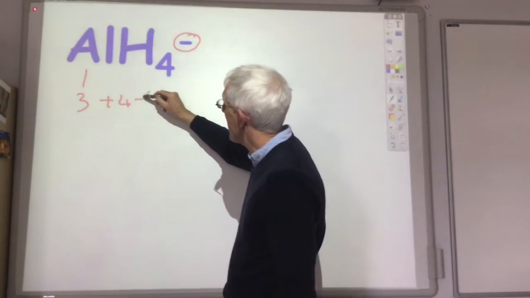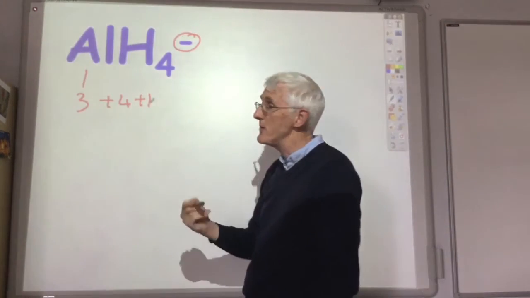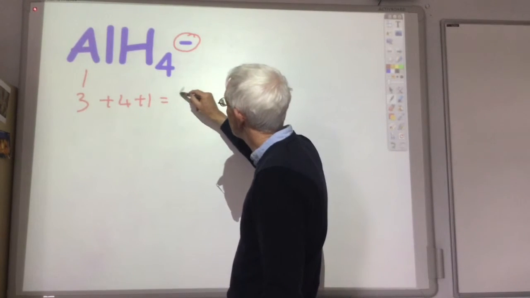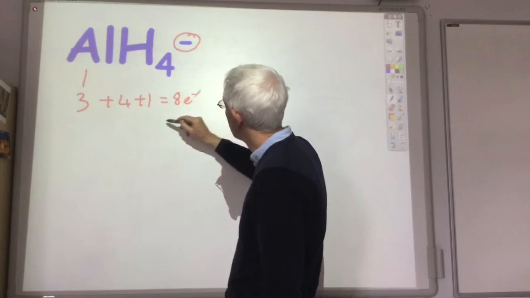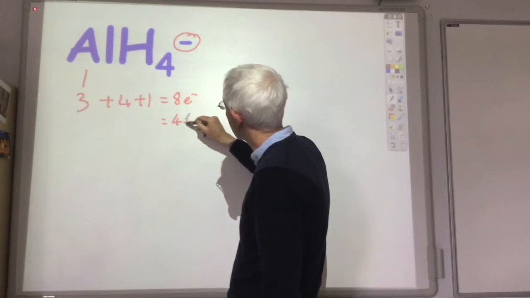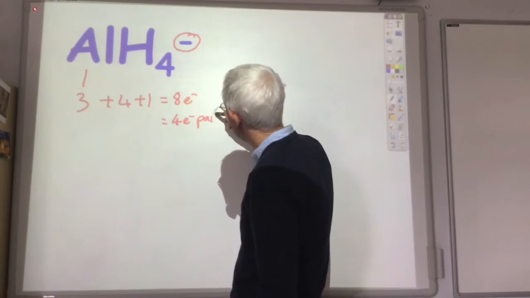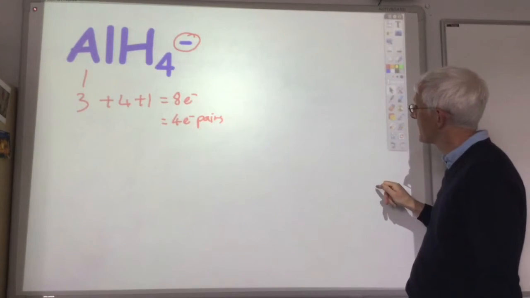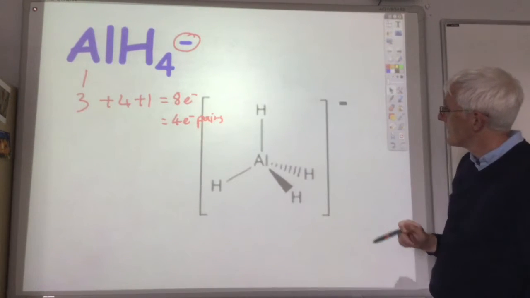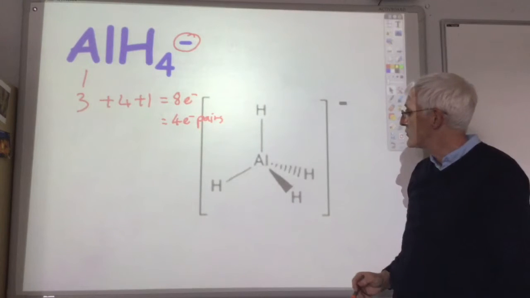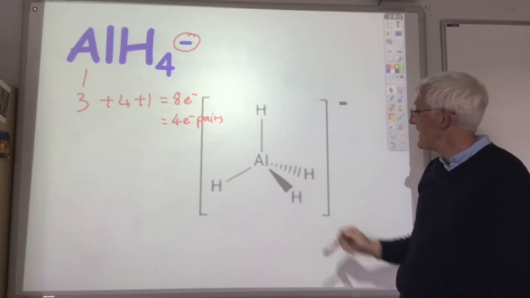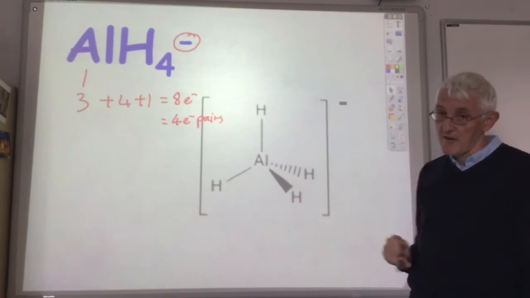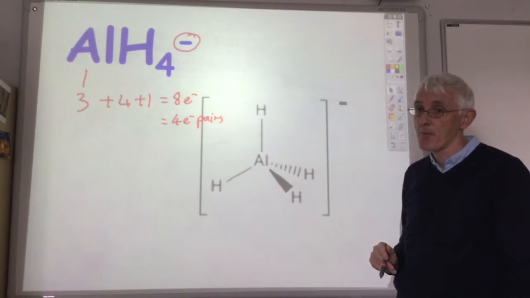So we give it 1 more electron because it's got a charge of 1 minus. So we get a total of 8 electrons, which means 4 electron pairs, which means it should be tetrahedral in shape. And there's a tetrahedral shape with aluminium, AlH4, the overall thing having a negative charge.